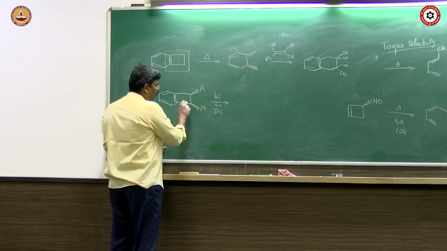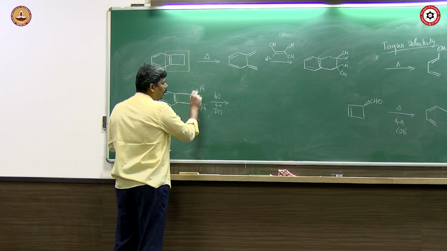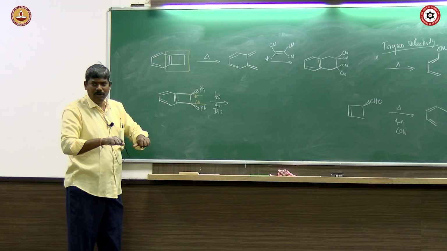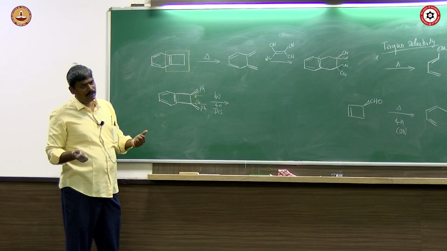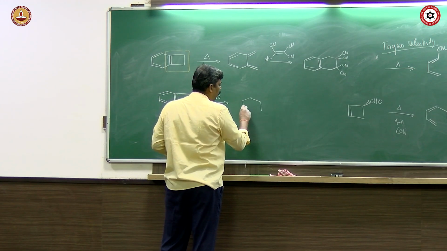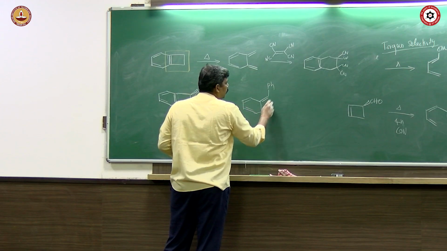So this means one has to be clockwise, another has to be anti-clockwise. Either both have to come in, or both have to go out. Which will be favored? Both going out will be favored. So you would have this as a product.